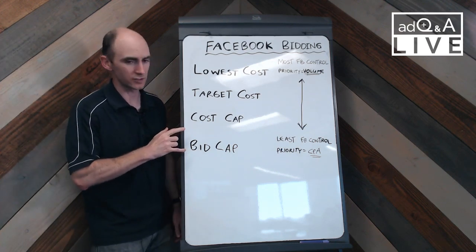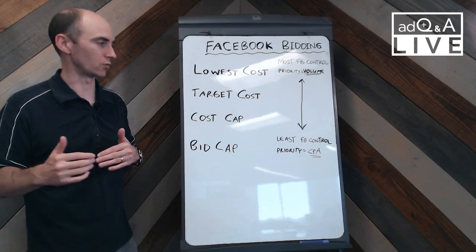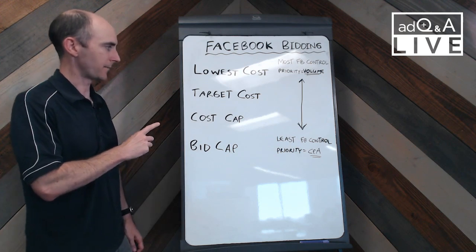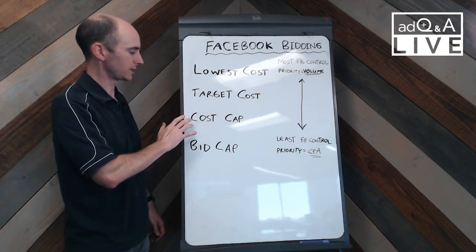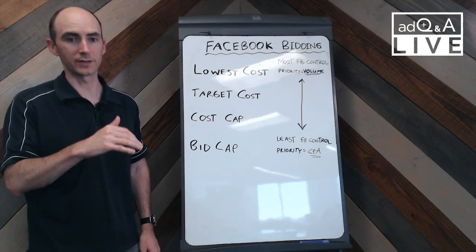These next two options are going to really start to narrow down your delivery, right? Your potential reach. Which is cost cap, which is basically saying, rather than giving Facebook some flexibility, look, I never want to pay more than this to get a conversion, period, right?